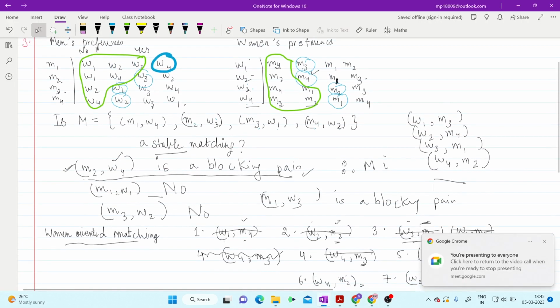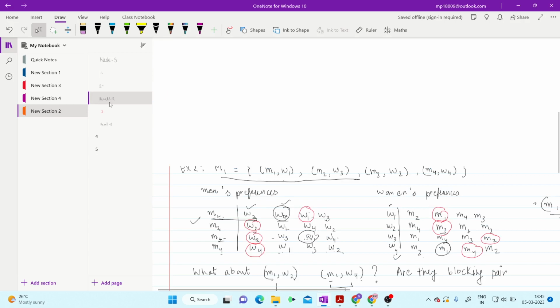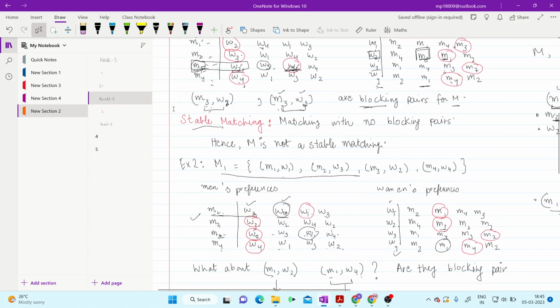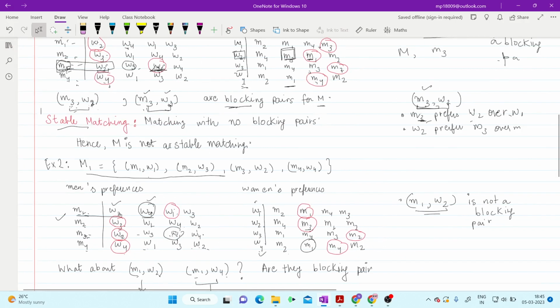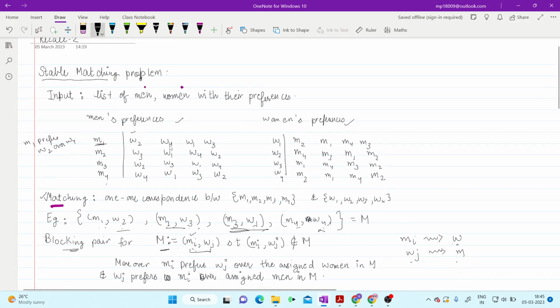So see, we have this list of men and this list of women. Blocking pair we always define with respect to some matching.